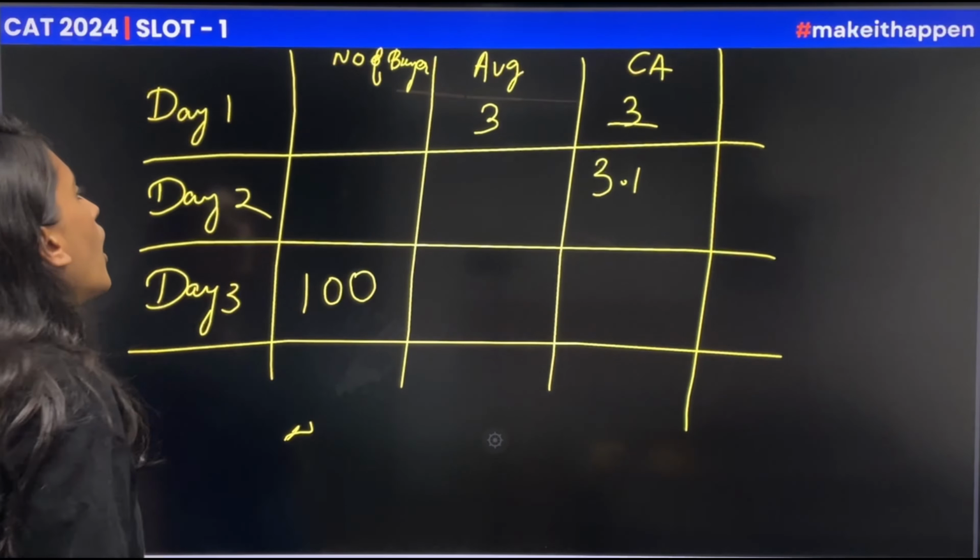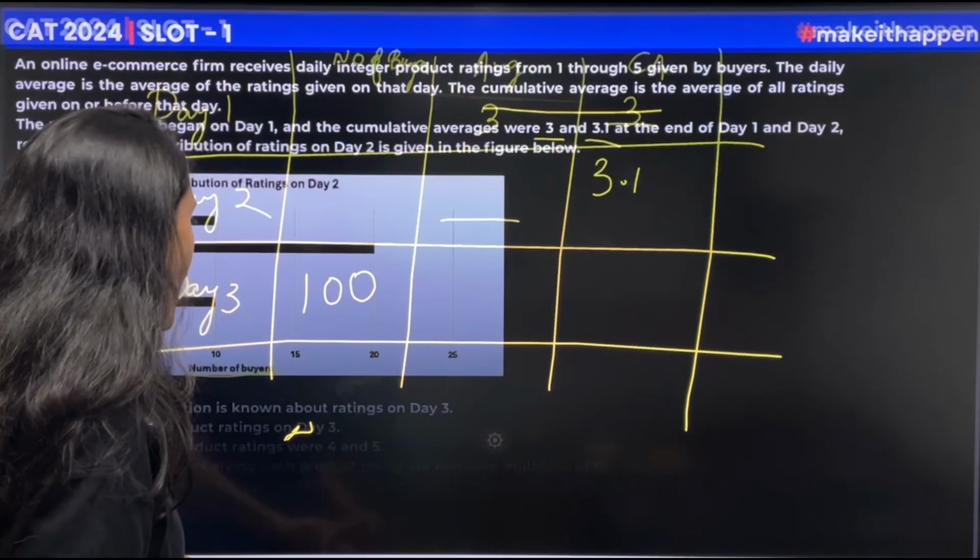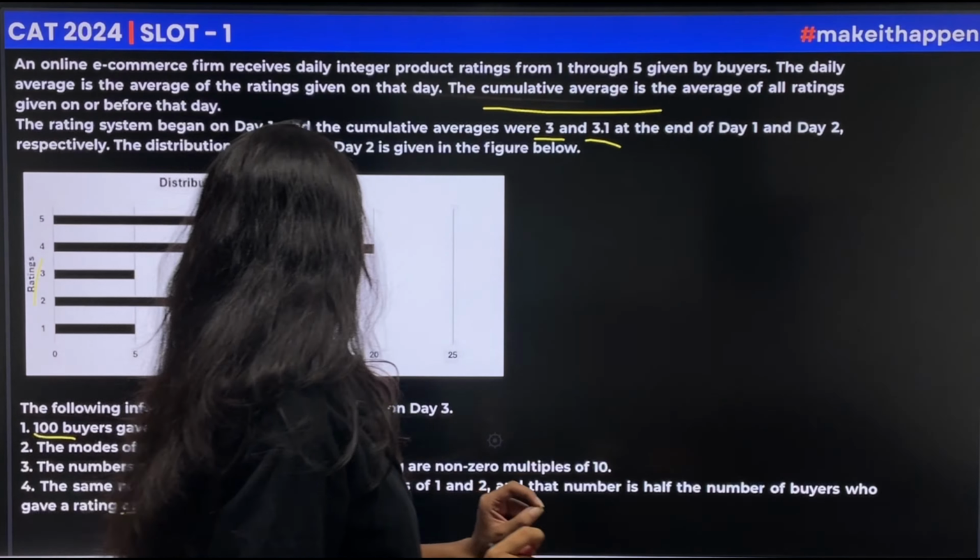Now we can find out the average for day 2. So the average for day 2 is the sum of number of buyers into ratings upon the total number of buyers. So let's see what the average of day 2 comes out to be. 5 into 1 plus 10 into 2 plus 5 into 3 plus 20 into 4 plus 10 into 5, and the total number of buyers would be 50.